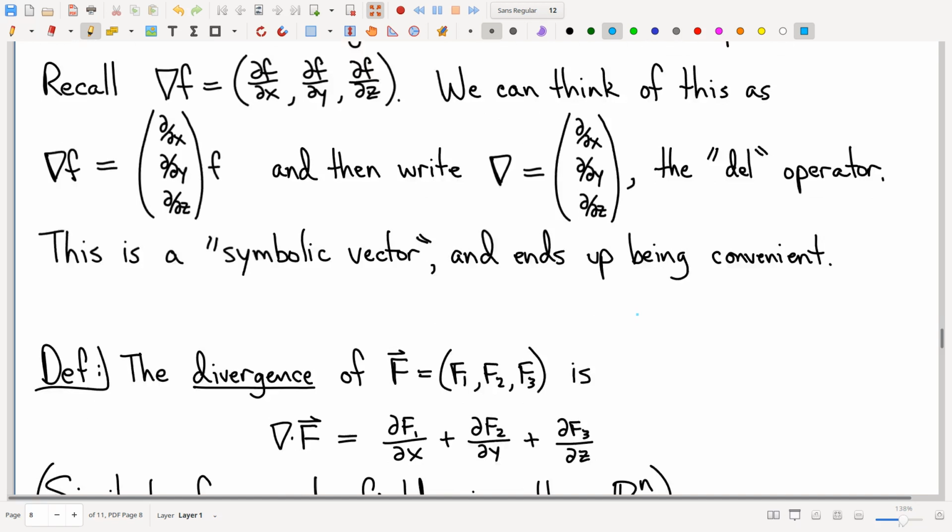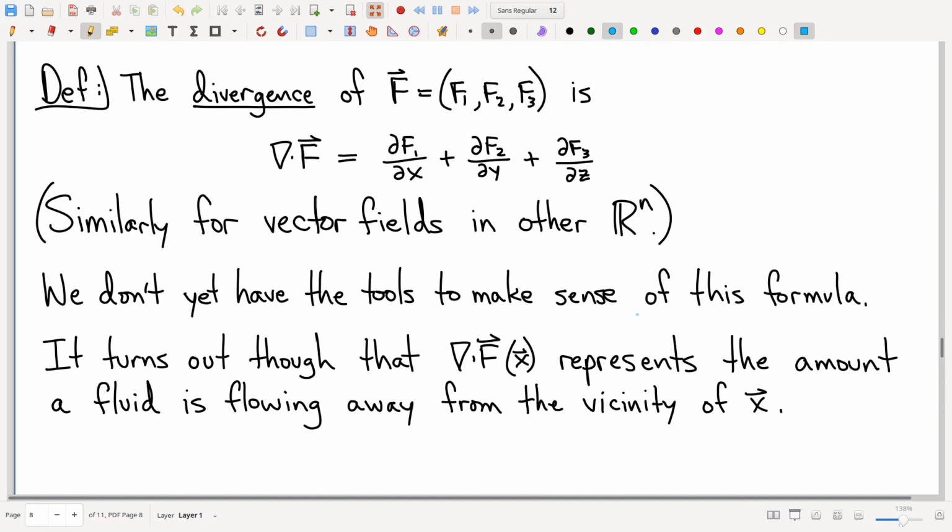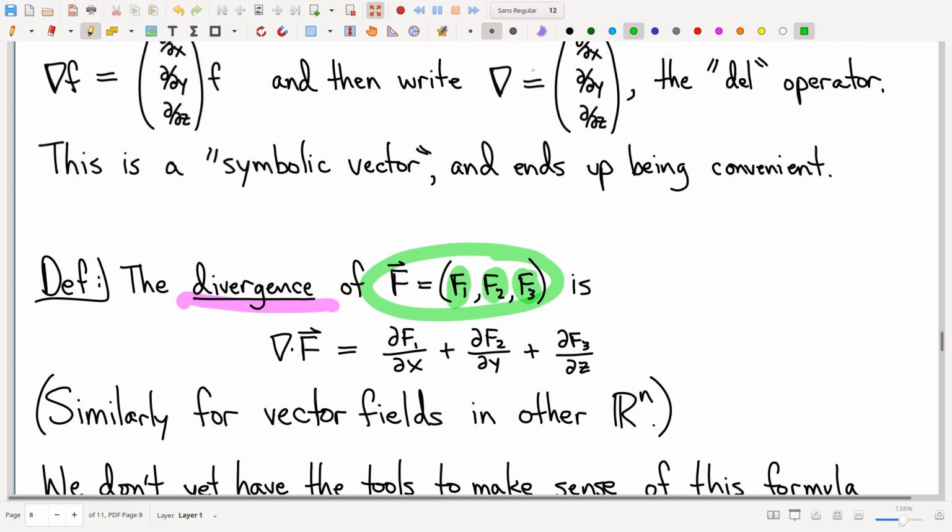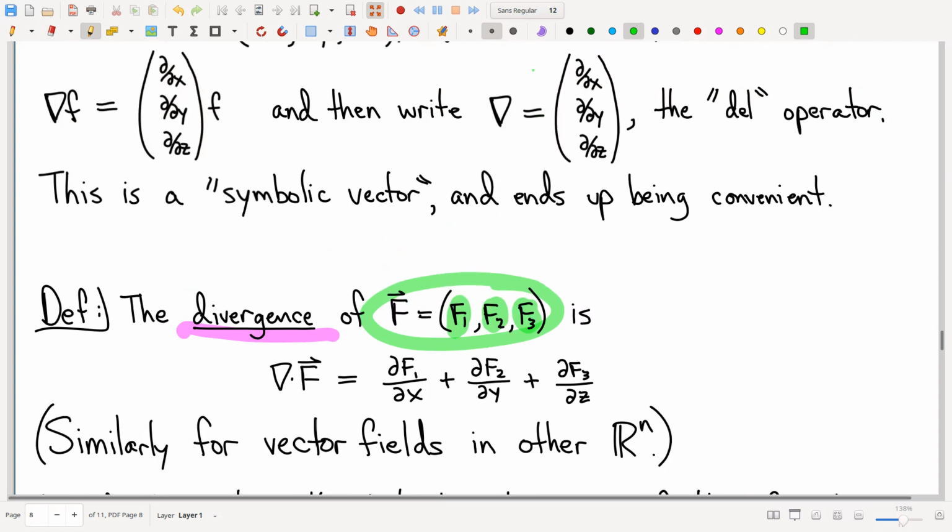The first one is called divergence, the divergence of a vector field. So given a vector field, it has coordinates f1, f2, and f3.